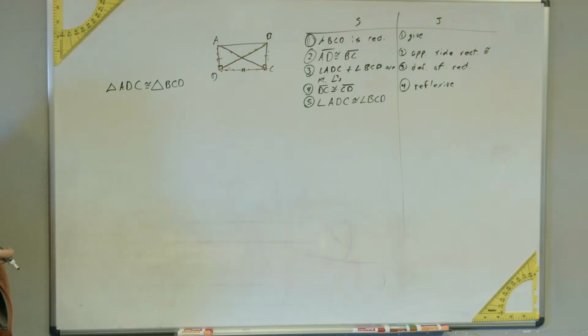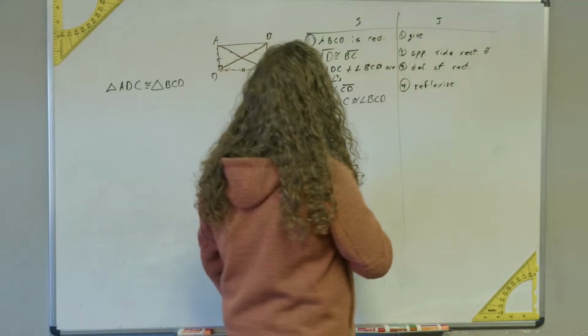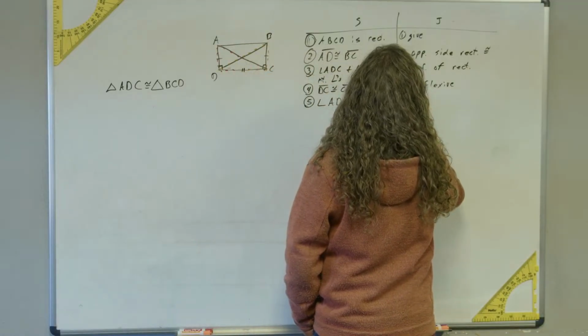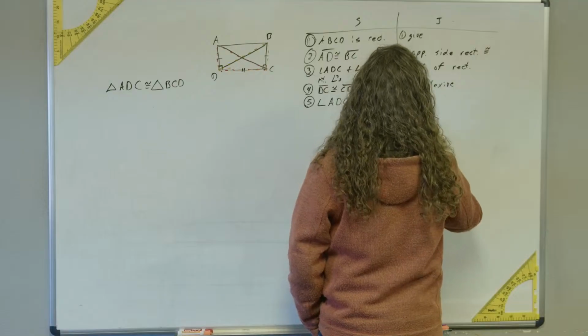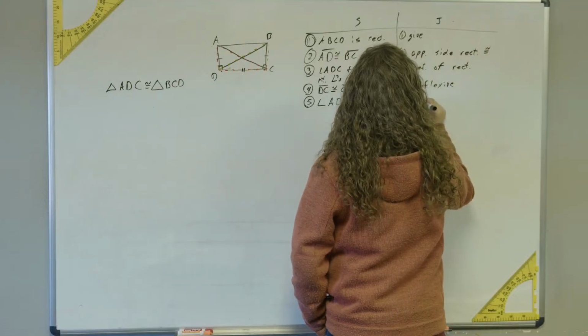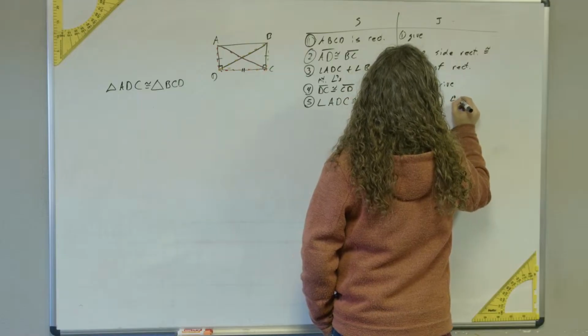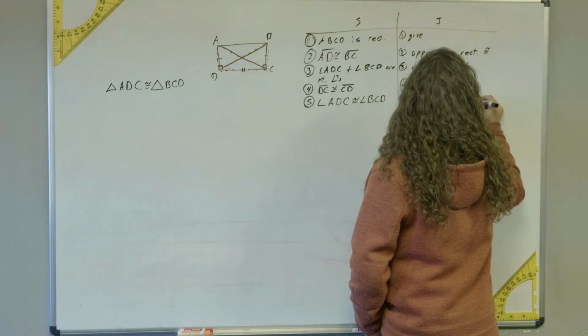There's a theorem. I think it's a theorem. It might be a postulate. I'd have to go back and see. That says all right angles are congruent.